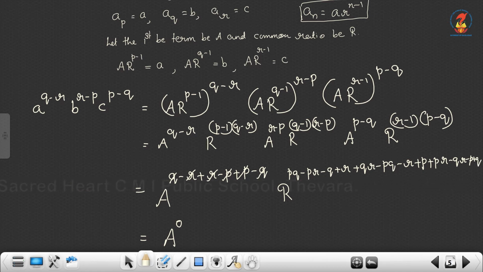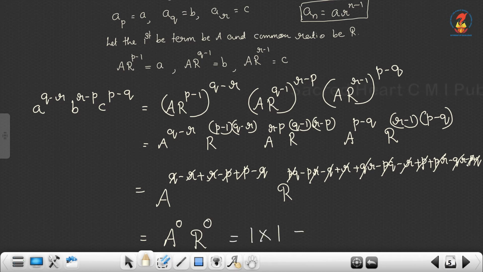Now we have plus pq and minus pq, minus pr and plus pr, plus qr and minus qr, minus q and plus q, minus p plus p, minus r plus r. Everything cancels. So R raised to 0. A raised to 0 means 1, R raised to 0 is 1. So we get 1, that is equal to RHS. Hence proved.